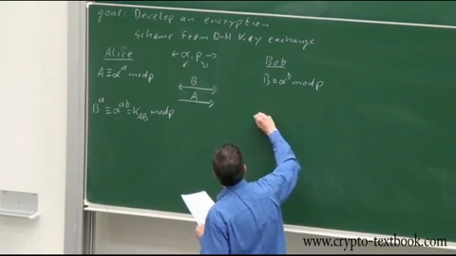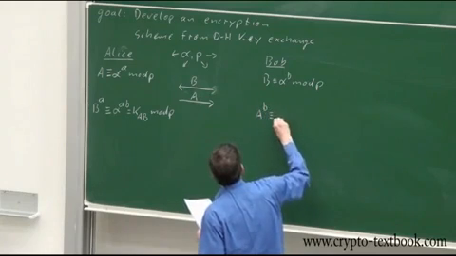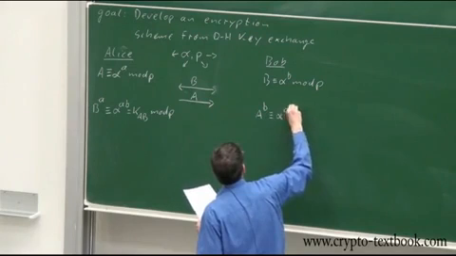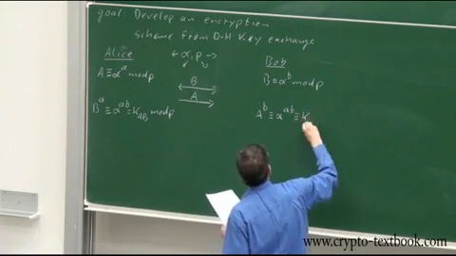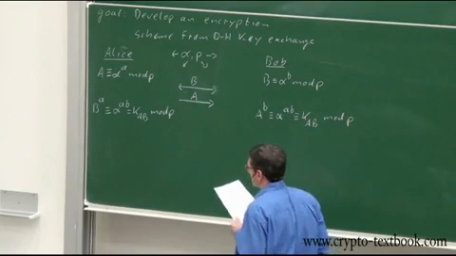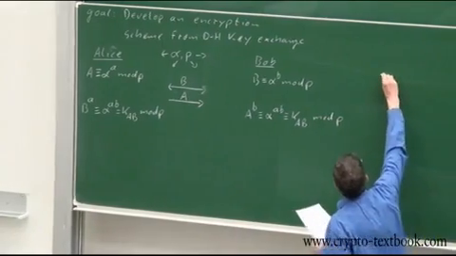Bob does the same. He takes A coming from Alice, raises it to his B power, and he computes alpha AB modulus P.